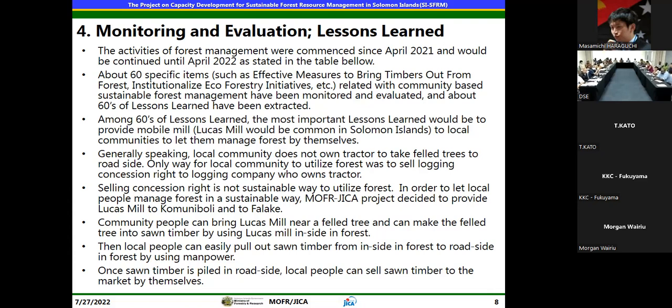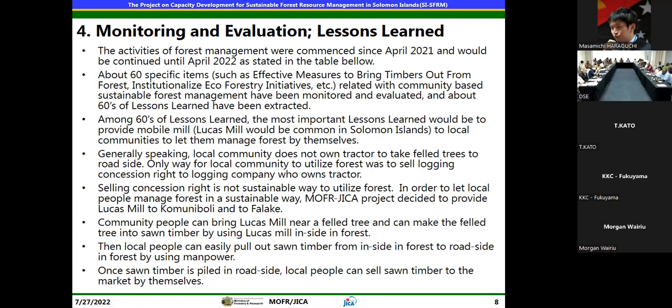Selling concession right is not a sustainable way to utilize forest. In order to let local people manage forest in a sustainable way, the MOFR-JICA project decided to provide Lucas mill to communities in Palagi. And I understand they already benefit from these Lucas mills.